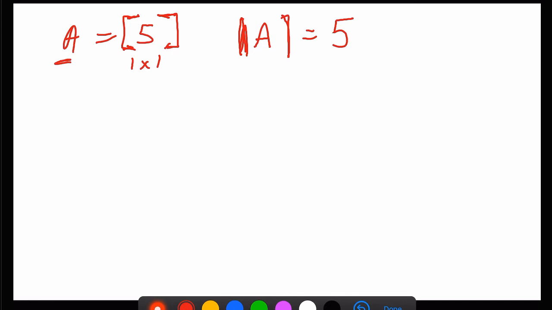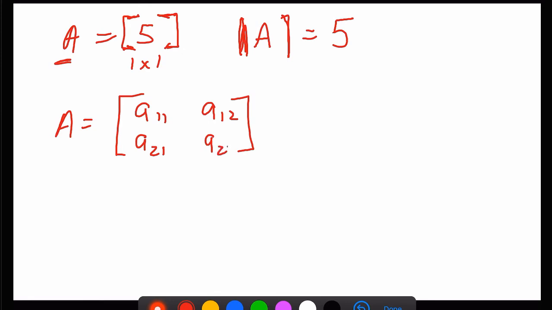That's pretty boring. Now let's suppose that A is a 2 by 2, just a generic 2 by 2. Remember that A11 means first row, first column. A12 means first row, second column.